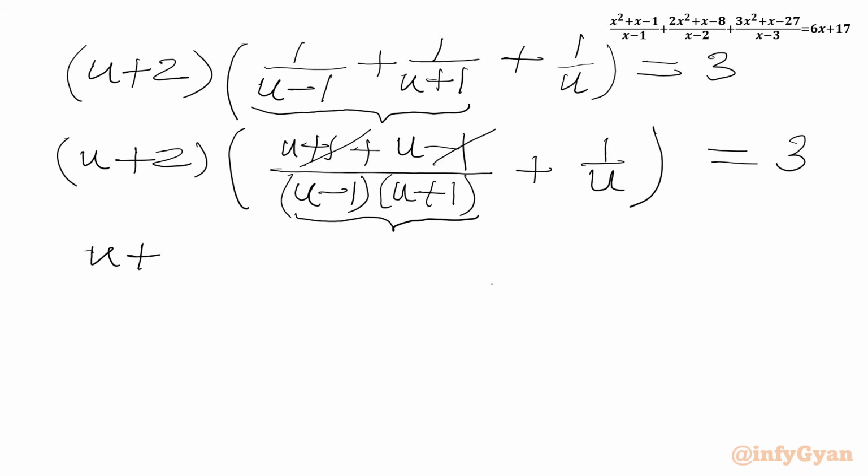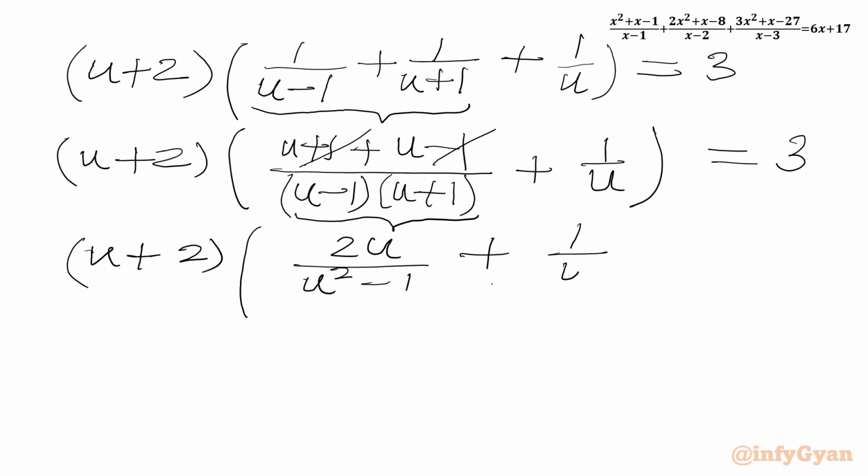We will get u plus 2 times 2u over u square minus 1 plus 1 over u equal to 3. Again, we are going to take LCM.